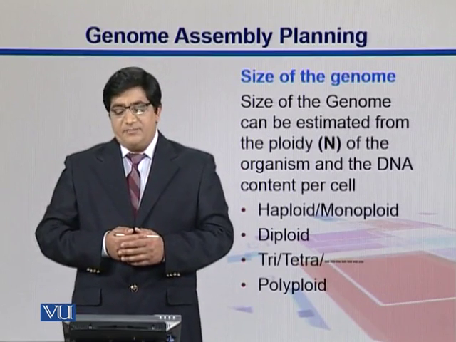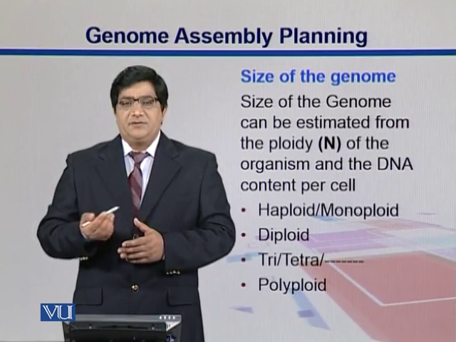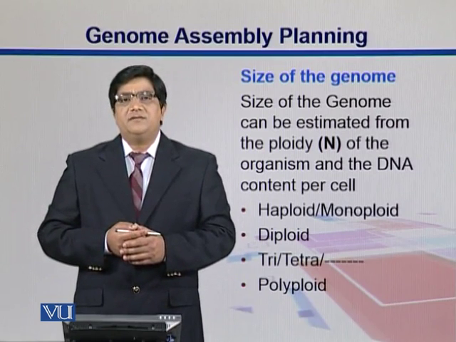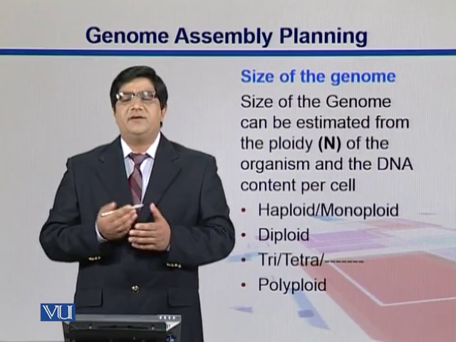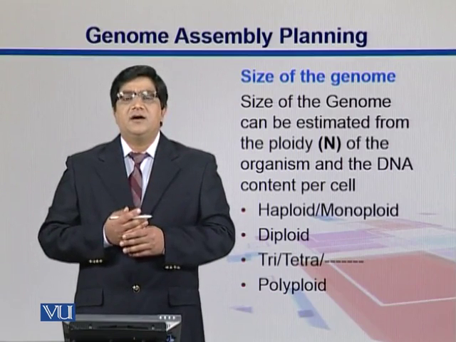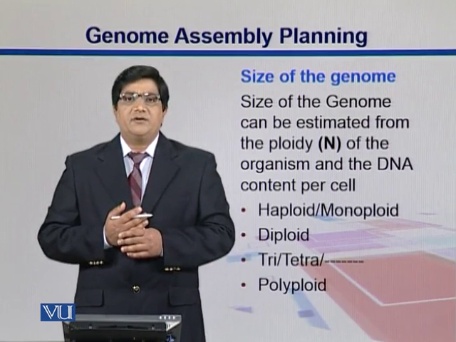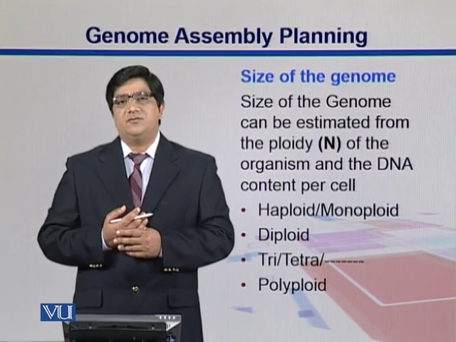Size of the genome can be estimated from the ploidy of the particular species in which we are interested. Ploidy means how many sets of chromosomes there are. Individuals which have one set of chromosomes are called haploid, and normally eukaryotes are diploid. For example, us, we have two sets of chromosomes.